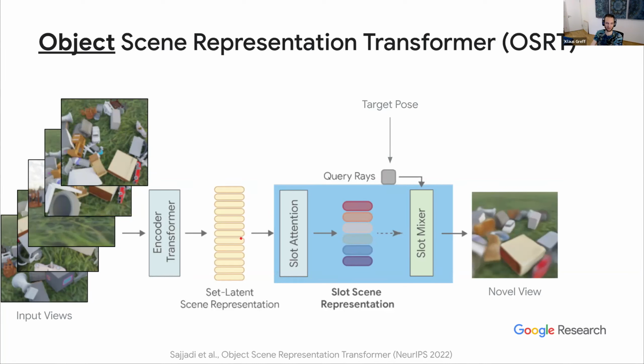And instead of using the set latent scene representation, the tokens that we generated before, we now first run a slot attention on those tokens and generate a few slots, basically clustering that scene representation into a few slots.